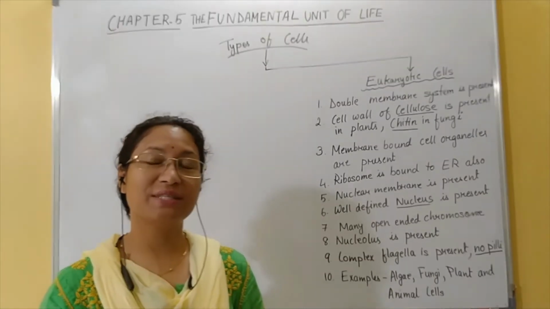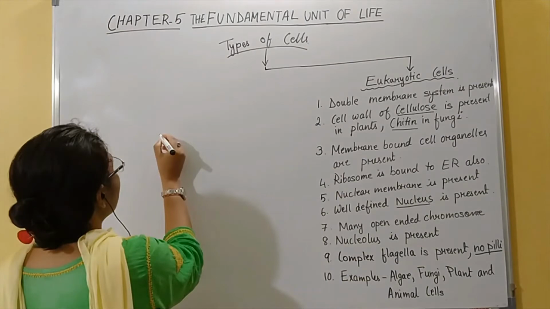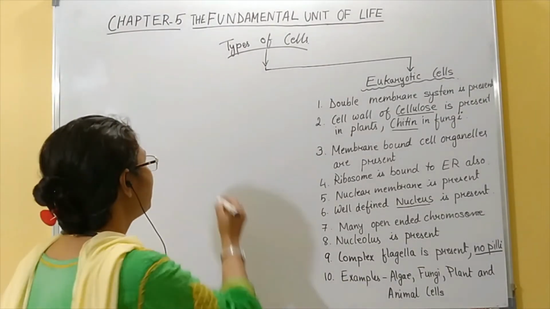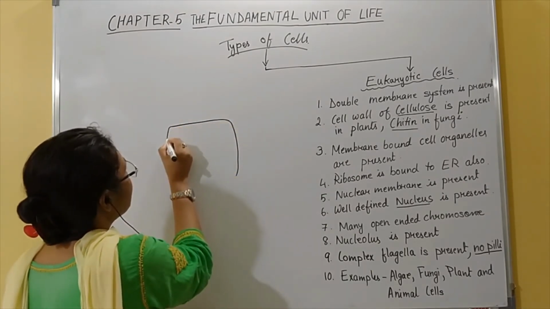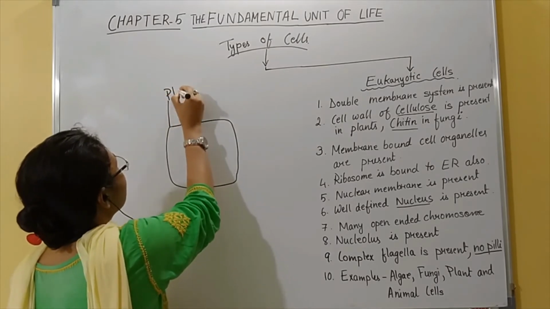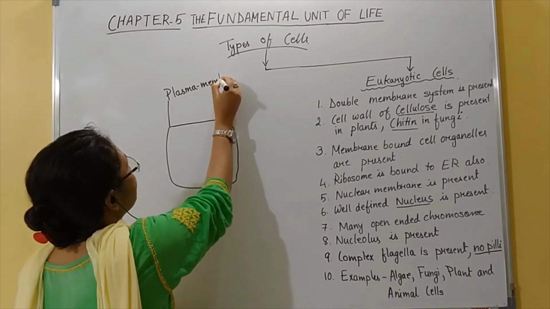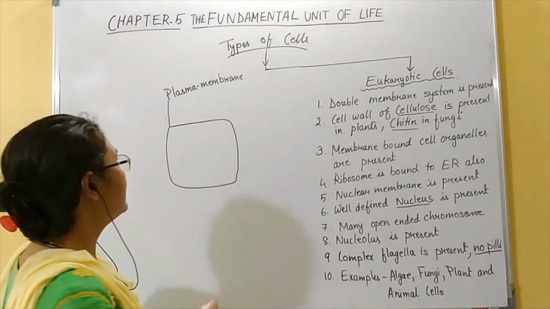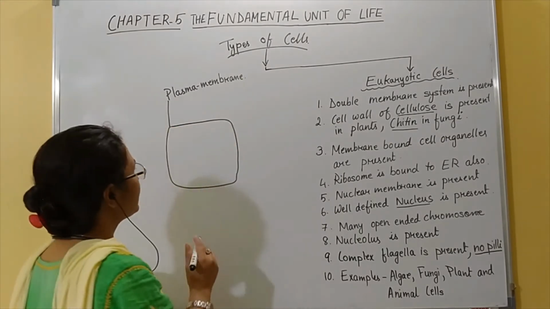Now this kind of cell also has a double membrane system, and if I draw this kind of cell, the eukaryotic cell, suppose a plant cell, then this is the plasma membrane which is present in the plant cell. So the plasma membrane is made up of the lipid bilayer and will provide the rigidity and shape to the cell.